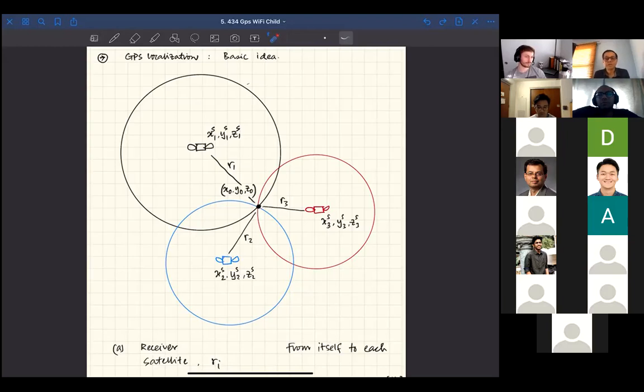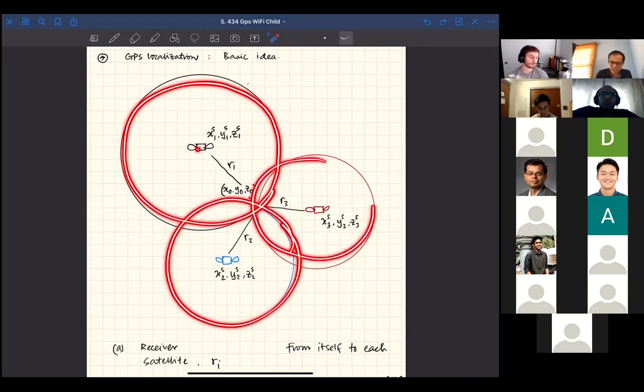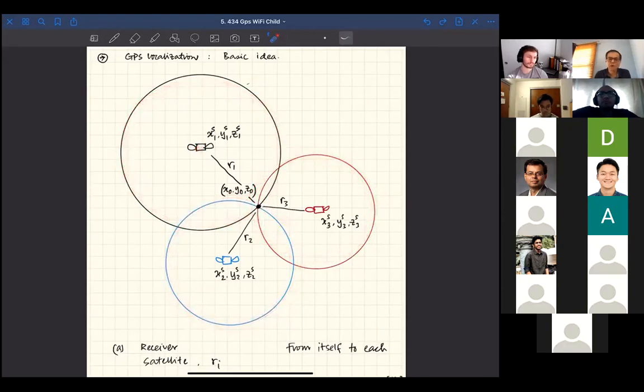And the hope is if the receiver can get access to 3 satellites, can compute the distances from 3 satellites, then you can draw a circle of radius R1 around satellite 1, radius R2 around satellite 2, radius R3 around satellite 3. And if your measurements R1, R2, R3 are precise, then all those 3 circles should meet only at one point, and that one point should be the location of the receiver.